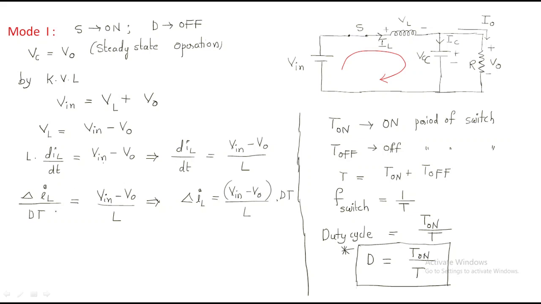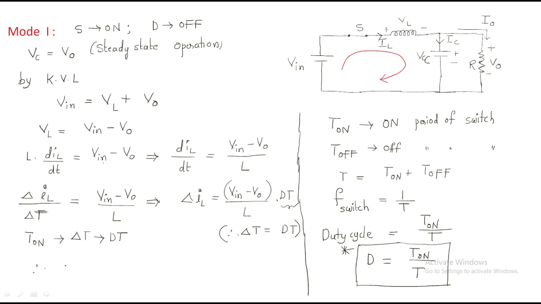Here dt is just a change in time. Change in time means the on time period, that's why I am writing dt. The change in time is nothing but the on time, when the switch is on.